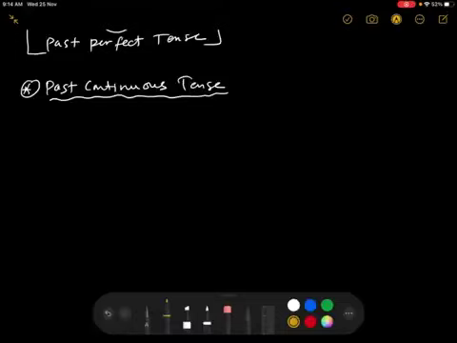Again, the past continuous tense is used to talk about an action that was happening at a certain point in the past. In that sense, there will be no reference to when it started or when it finished.